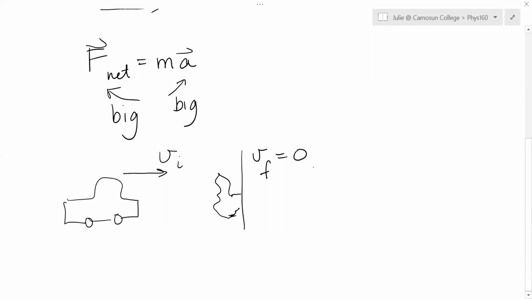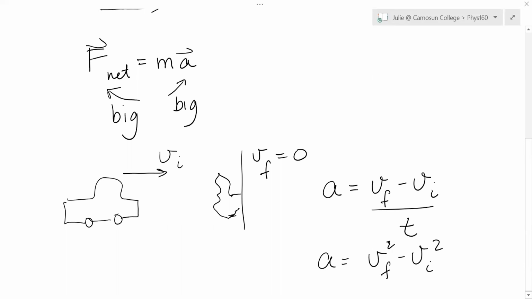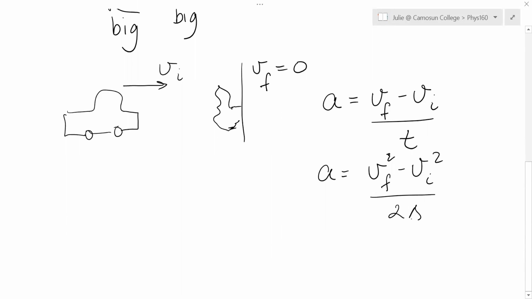Now, for the acceleration, we've got two equations: VF minus VI divided by T, or the acceleration equation where VF squared minus VI squared over 2 delta X. Now, if you're going to crash and come to rest, VF is 0. So we've got two types of accelerations here. It's the same acceleration, it's just depending on what values you're told. Either you use that equation or you use this equation.